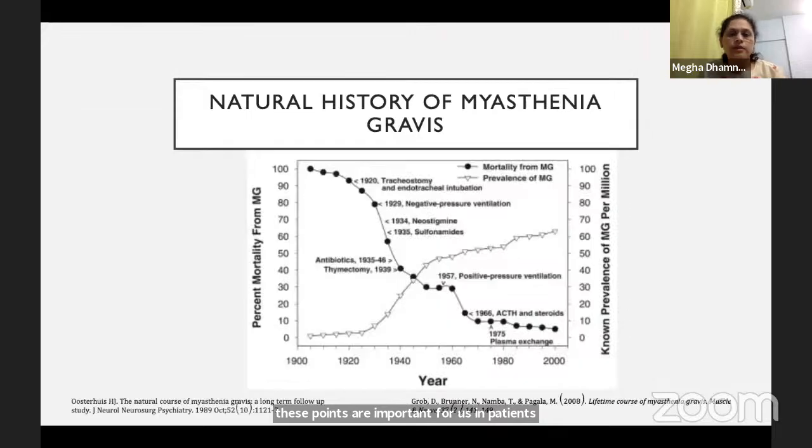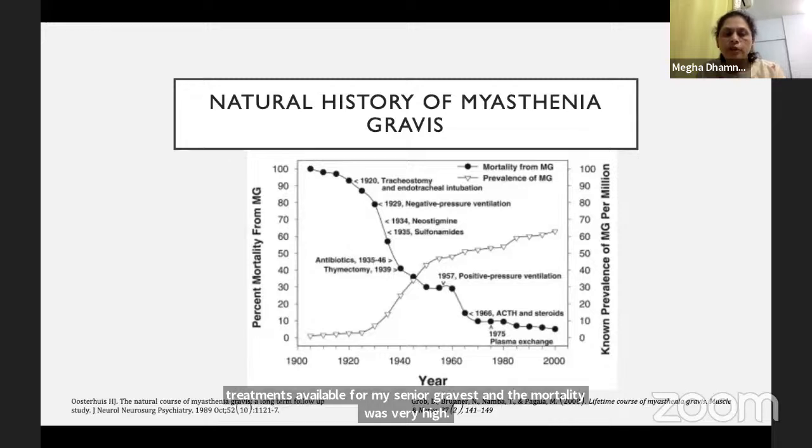Now, this is one of my favorite slides, which talks about the natural history of myasthenia gravis. If you look at the slide, in early 1900, there were few treatments available for myasthenia gravis and the mortality was very high.